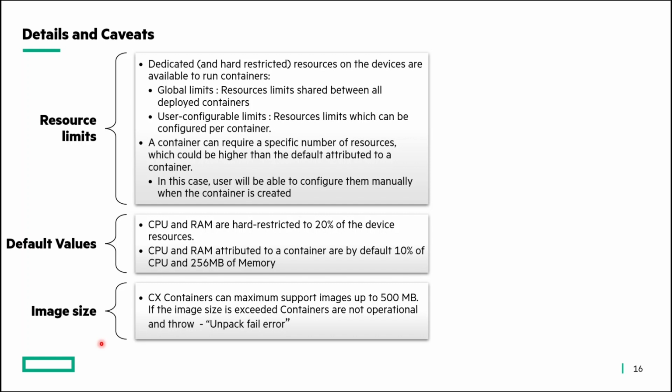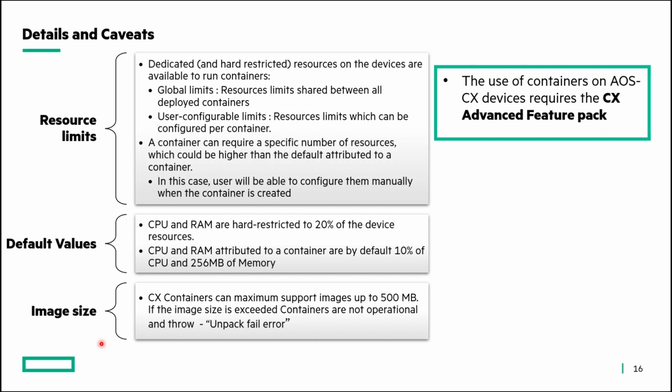CX containers can support a maximum image size of 500 megabytes. If the image size is exceeded, then the containers are not operational and they remain down with the error called unpack fail error. The use of containers on the AOS-CX devices definitely requires a CX advanced feature pack.